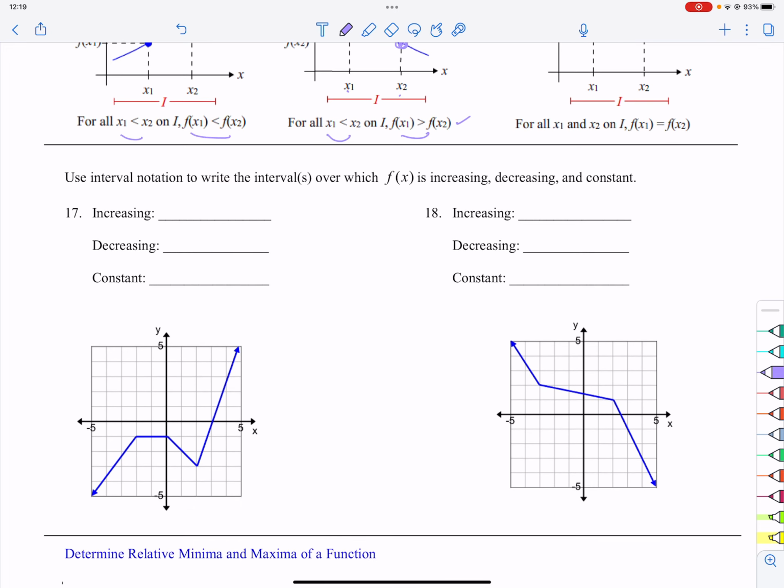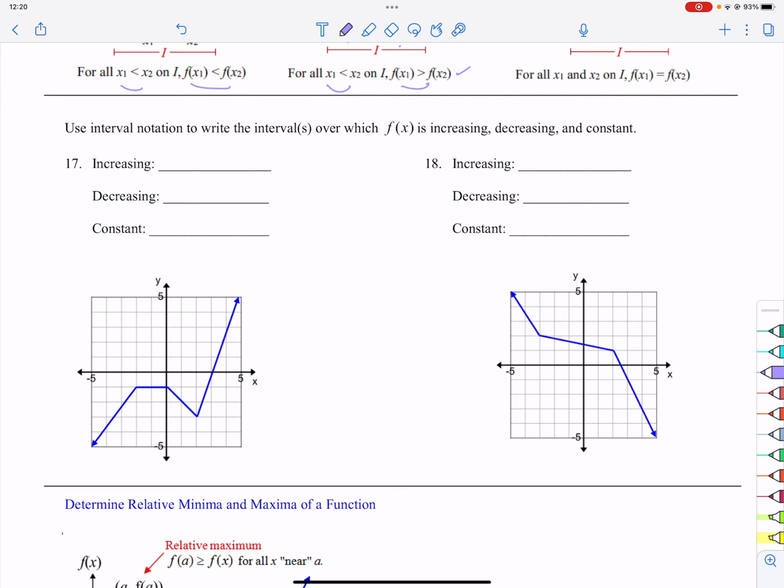So we're going to use interval notation to write the intervals over which the function is increasing, decreasing, and constant. The first thing we're going to notice is that this function is increasing in those two places. So that would be negative infinity all the way to -2. We're going to just use parentheses.